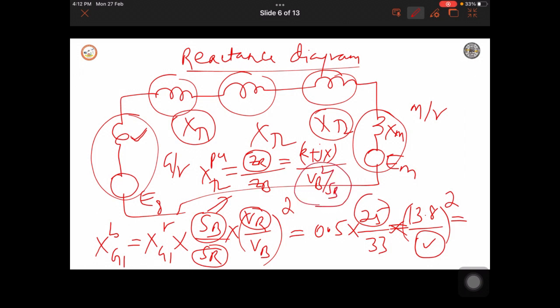In the transmission line, we know the base voltage and SB remains same for all the components. Use this formula and find this. So, with this you can easily calculate the reactance diagram values from the given problem description. So, this can be easily done.